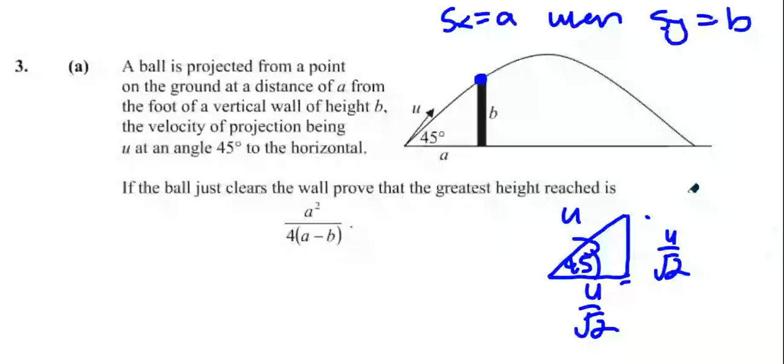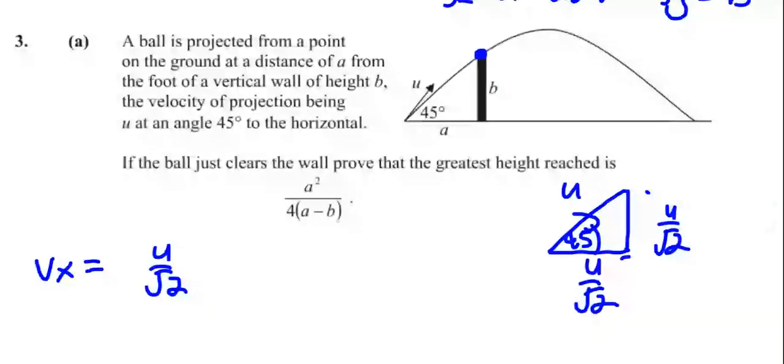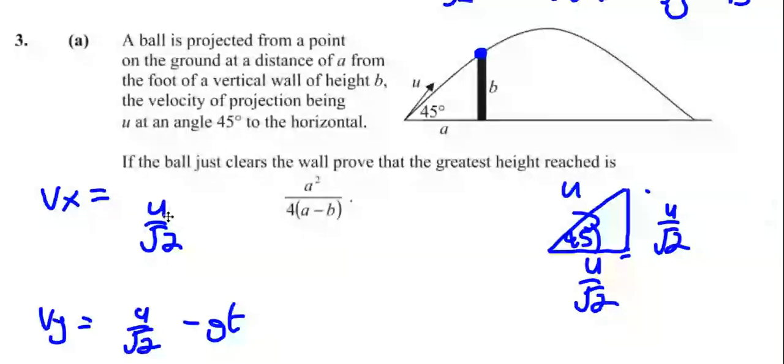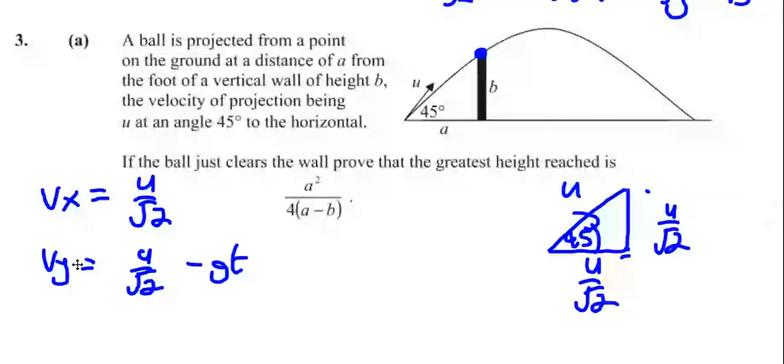Let's do what we always do: do the 4 equations and get some attempt marks on the board. Okay. What's vx? vx is u over root 2. All right, that's handy. vy? Minus gt. So we've got vx and vy.